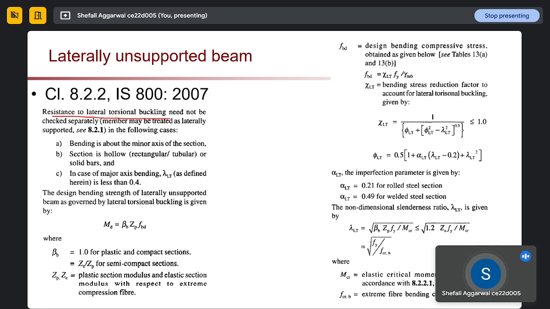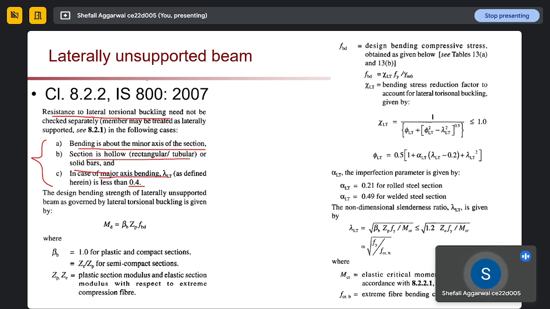But if we are designing for torsional buckling, then we call it a laterally unsupported beam. If the bending is about the minor axis, or the section is a hollow or solid bar, or the major axis bending is less than 0.4, in these three cases we won't call it a laterally unsupported beam. So normally they would be supported beams.